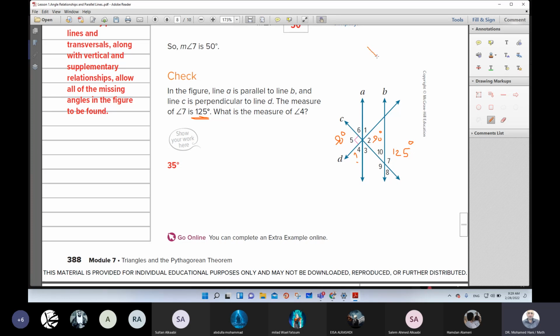We have 150 plus 30 equals 180. Yes, Mister, because they gave us that 5 is 90, so we should find also 90. So we add 45 plus 45, just equal 90.